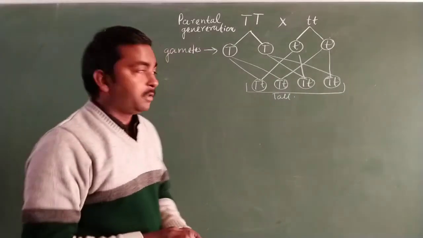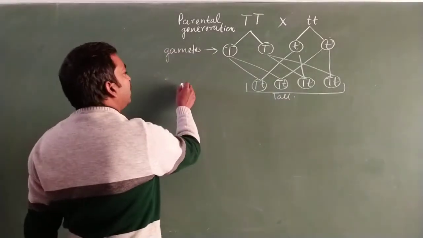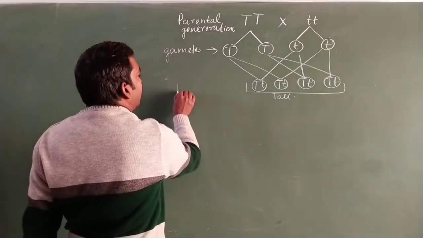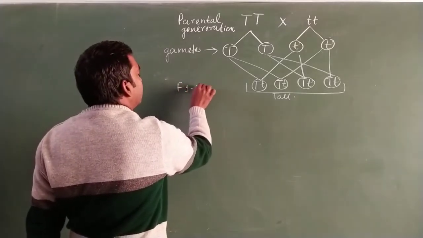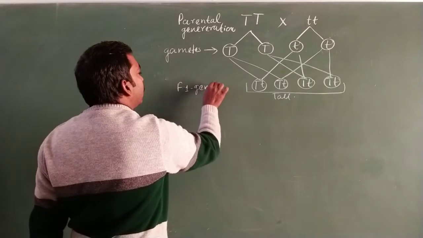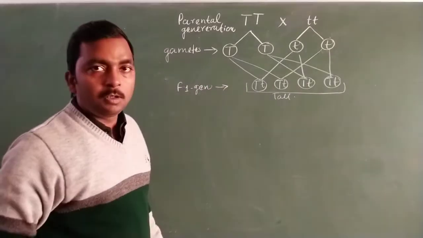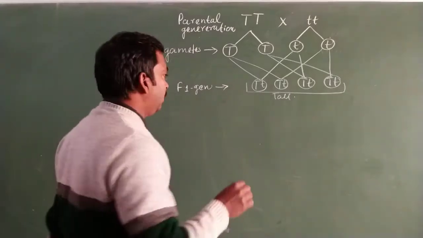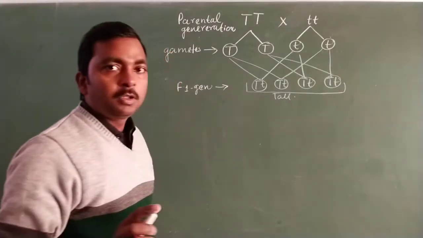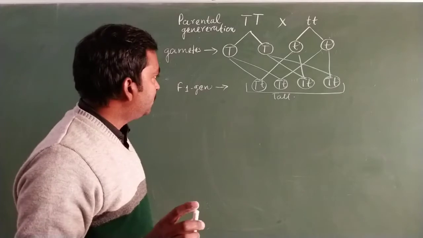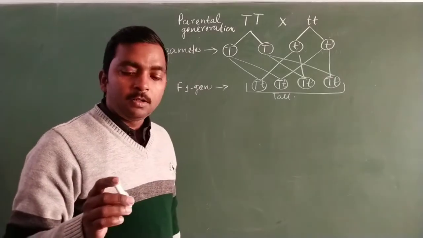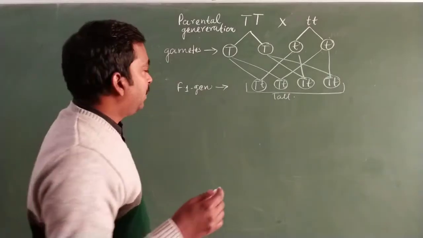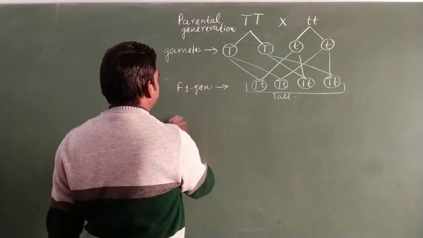So this is the first experiment, and the product is known as the F1 generation. The crossing resulted in the formation of the F1 generation. Then he performed the process of self-pollination to find the F2 generation.